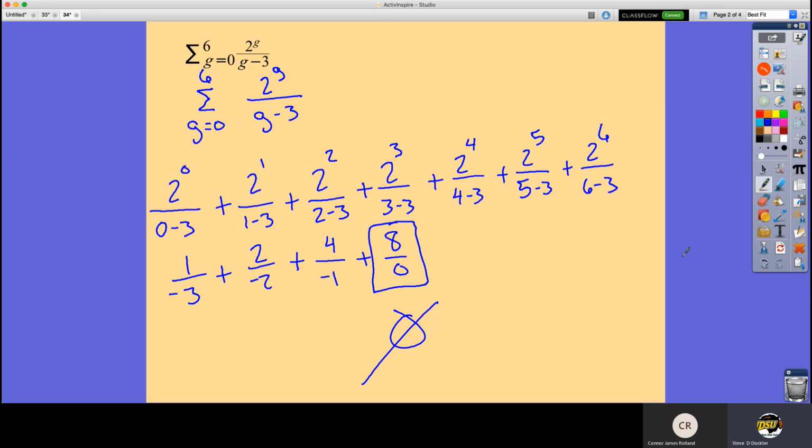So it'd be 2 raised to the x power divided by x minus 3. And that x minus 3 should be in parentheses. All right, so if we hit enter here, we have to divide by 0, which would tell us that it's no solution.